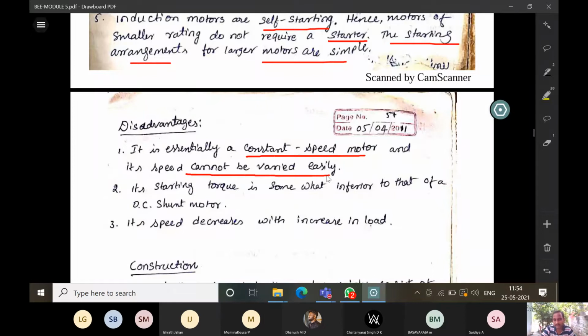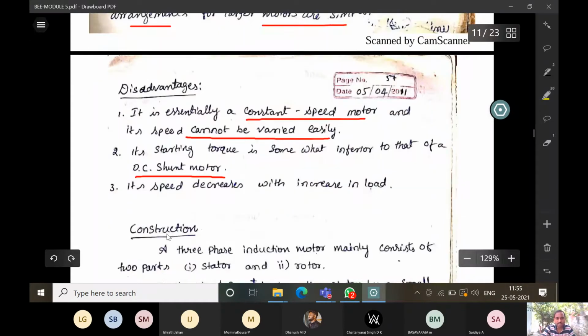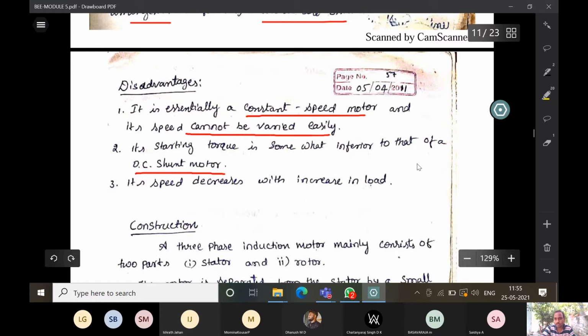Other speed control devices are required to change the speed of the induction motor, and its starting torque is somewhat inferior to that of the DC shunt motor. Its speed decreases with increase in the load. If the load current increases, the speed decreases.